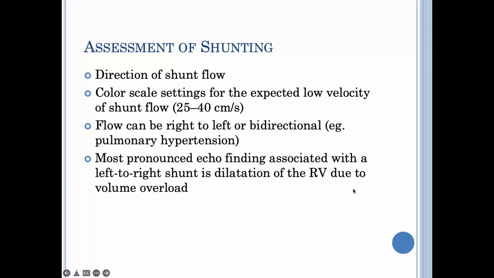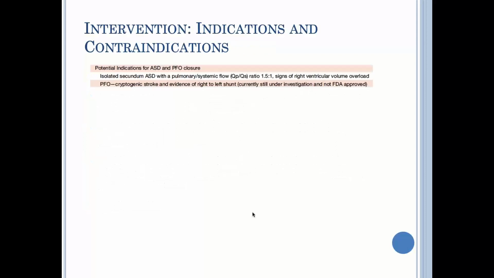And then in terms of the most pronounced echo finding associated with a left to right shunt, that is dilation of the RV due to volume overload. And the Qp to Qs ratio, which, as I mentioned, more than 1.5 to 1 is considered significant.